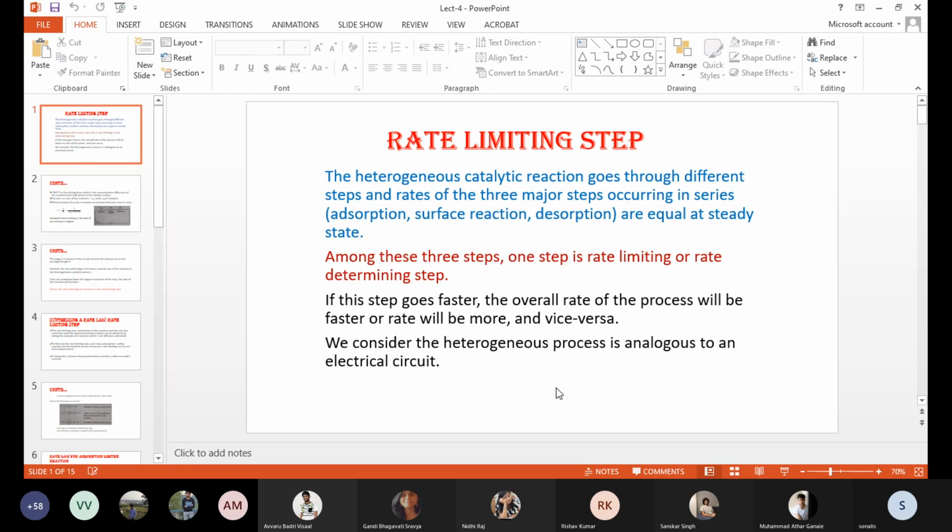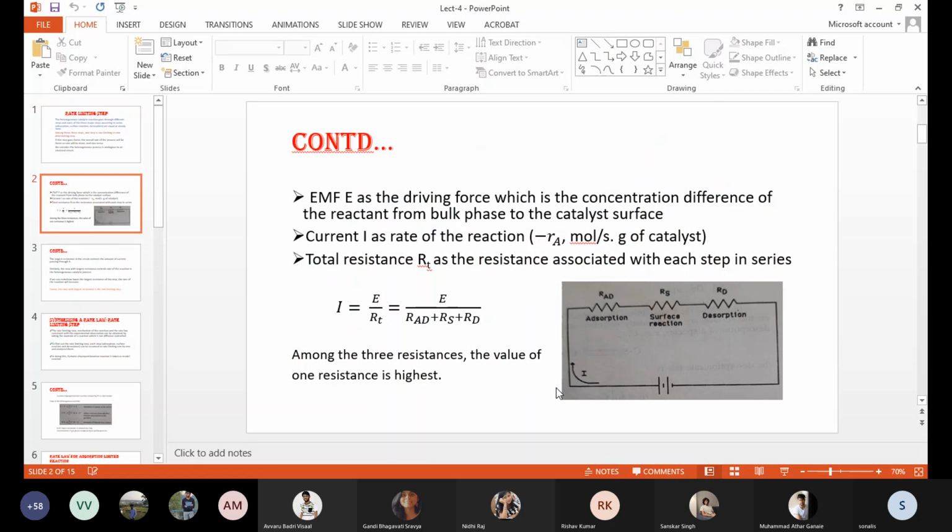Similarly, we consider the heterogeneous process analogous to an electrical circuit. Look at this picture. This is the electrical circuit, this is the battery, and these are the resistances. Adsorption is one resistance, surface reaction another resistance, and desorption is the third resistance. These resistance values are different.